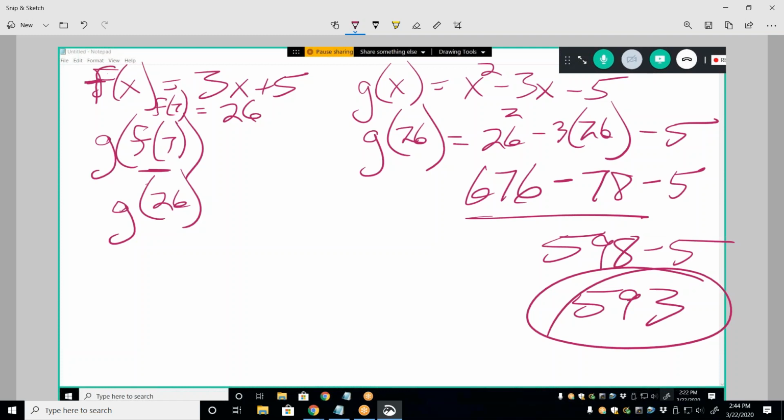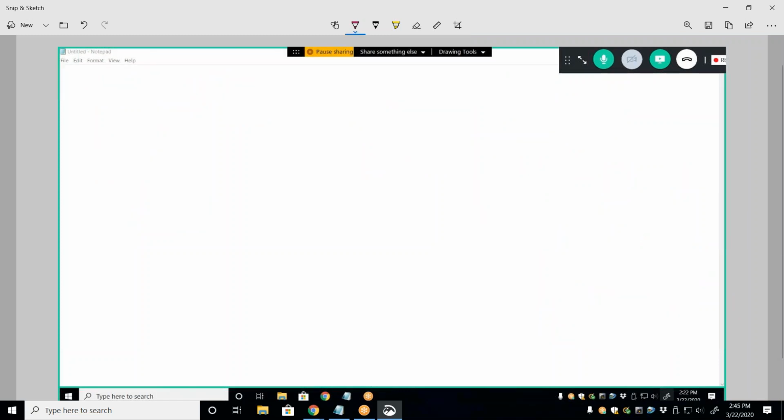All right, so the next one is find f of x and g of x such that h of x equals f of g of x. And these are always the hardest ones.